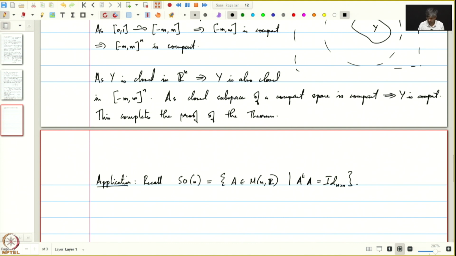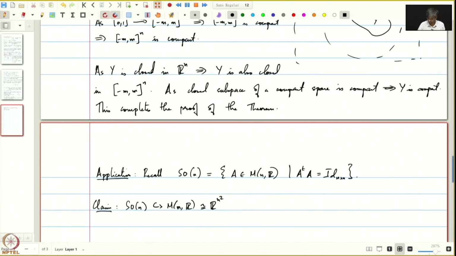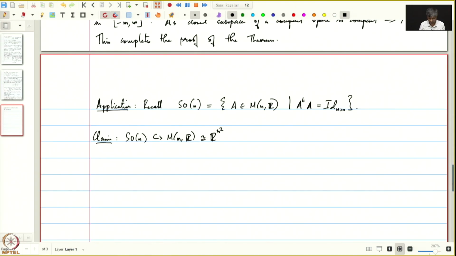So claim: SO(n) has the subspace topology from M_n(R), and M_n(R) we can identify with R^(n^2). So our claim is that SO(n) is compact.